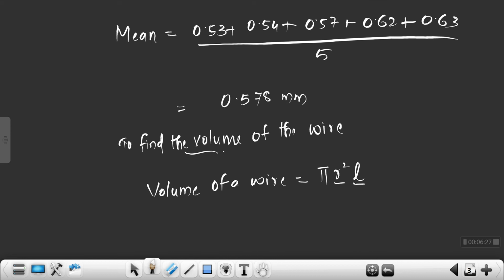So we already got the diameter of the wire. So from that diameter, it is easy to find out the radius of the wire.